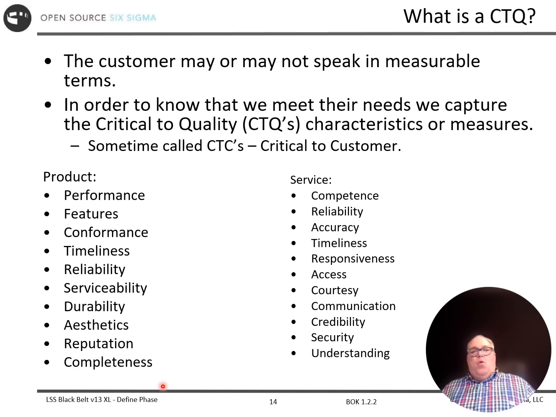So one or more of these different critical to quality characteristics are going to be somewhere in your project. And the key, as we'll show on the next slide, is which one are we going to work on, and how are we going to measure where we are today, where we'd like to be, and then close that gap in performance.